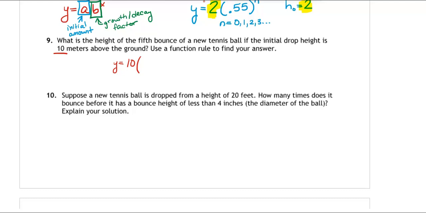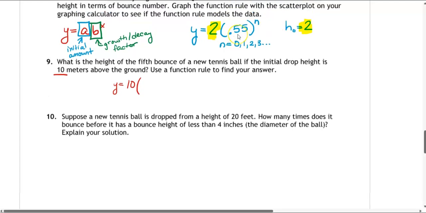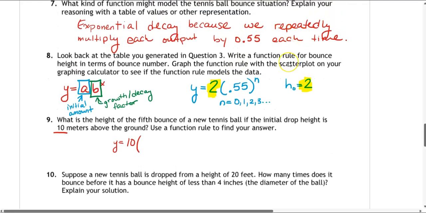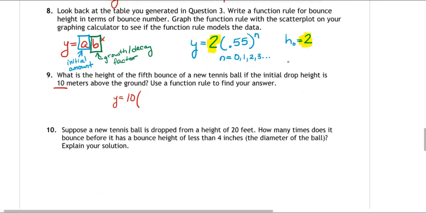Okay. And remember tennis balls, I'm trying to remember, what is it? 55%? Yes. So tennis balls out of the container have a 55% rebound percentage. So I have 10 times 0.55 to the n. There's my function rule.